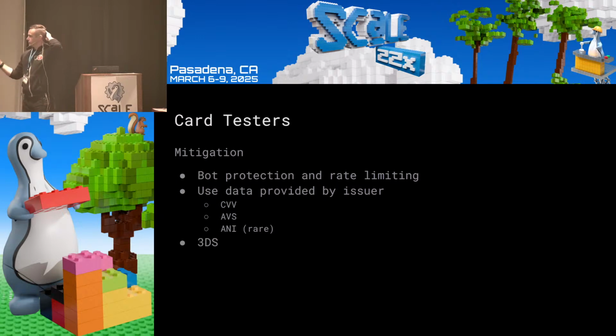And then you can also use the data provided by the issuer. So like I mentioned, you can validate CVV. You can validate the address. Usually it's just the postal code or the number for the home address. You can test the name, but again, that's very rare to actually be able to get that signal. There's 3DS, which isn't a great mitigation for this per se, but we'll talk about it.